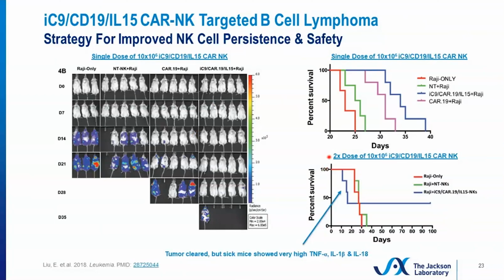One of the reasons for going to the CAR NK was this perceived notion that there would be less of this cytokine release response compared to CAR T. However, when they doubled up the dose, they found improved clearance of the tumor, but the sick mice in the survival assay also showed very high TNF-alpha, IL-1 beta, and IL-18 expression. So there is a cytokine release response if you give too many CAR-NK cells.